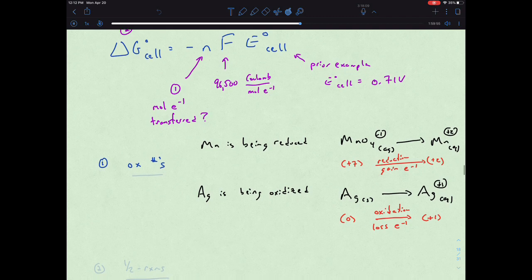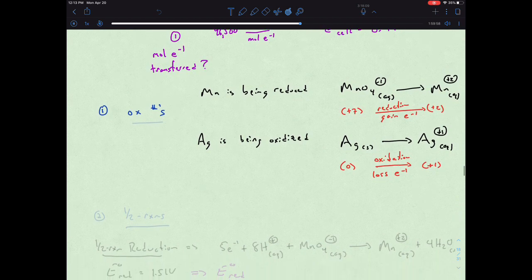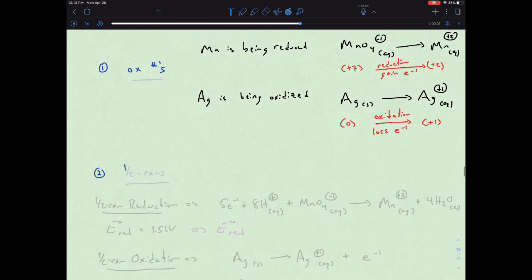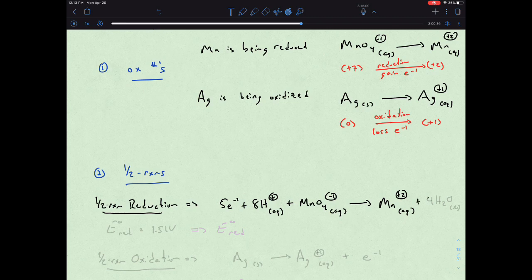And so that allowed us to develop the half reactions. For our half reactions, we had then the half reaction for reduction, and we balanced that out to be 5 electrons plus 8 protons plus the manganate gave us manganese +2 and 4 H2Os.